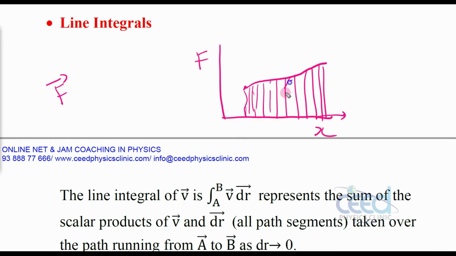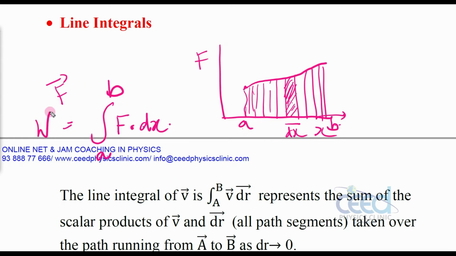This is the segment I considered, its width is dx. So from A to B, what is the expression for work done? Work done is equal to force into displacement, F dot dx. For a small displacement, you have to integrate this between the limits a to b. This is actually the line integral.